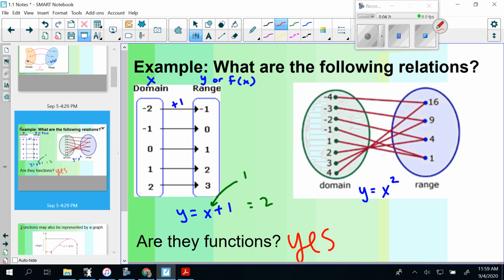Now the second one, maybe you were a little questioning because -4 goes to 16 and +4 also goes to 16. That's okay. You can have the same or different inputs go to the same output. What you can't have is an input go to 2 outputs. Then that's not a function, because we don't know what the solution would be. But both of these are examples of functions.